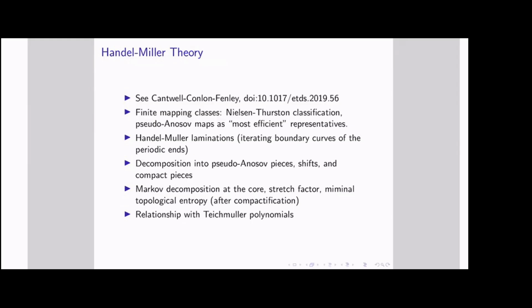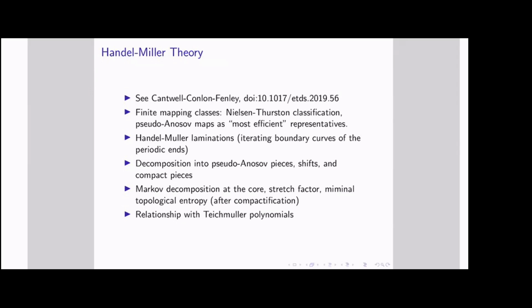So if we have a homotopy equivalence from a closed hyperbolic surface to itself, and of course we need to exclude some really trivial cases, we have three possibilities: either the mapping class is of finite order, or some multiple of it preserves a collection of disjoint non-trivial loops inside the surface, or the last case is what's called the pseudo-Anosov case. In that case, the map preserves a pair of transverse singular measure foliations.